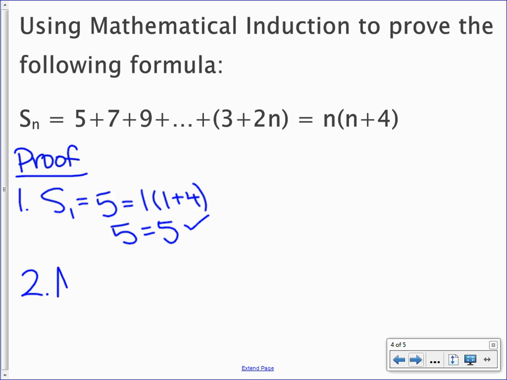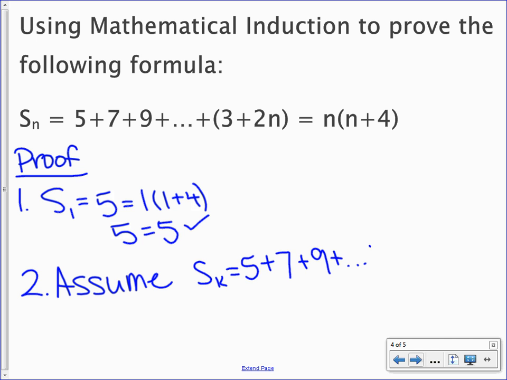Second step, what's the word we need to use? Assume. Assume what? Take your entire sum, replace all of the n's with k's, including this p over here.